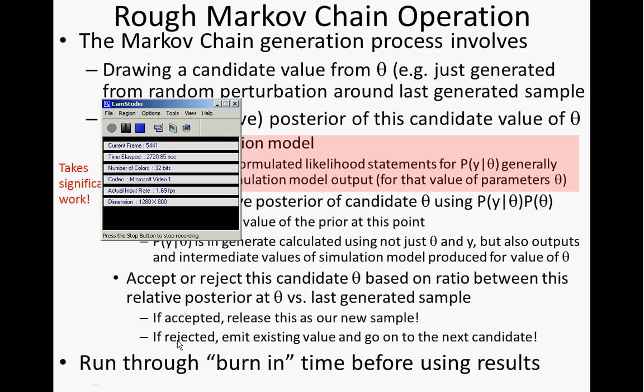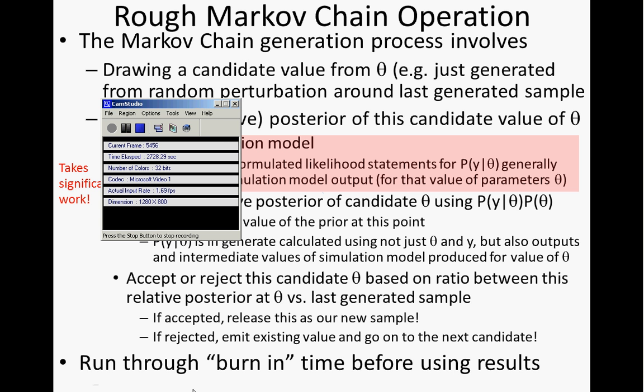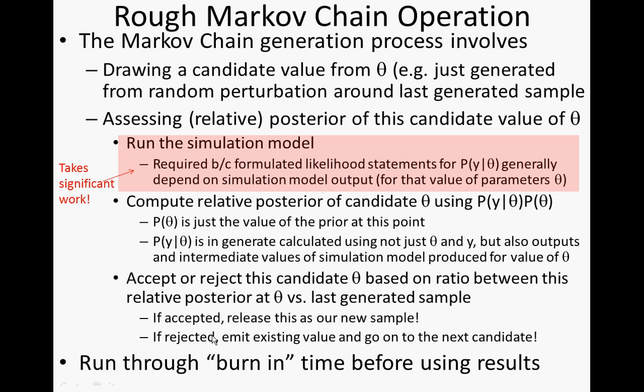Now, in order to apply this algorithm appropriately, we're going to need to run through some burn-in time before using the results. That is, in order to arrive at confidence that the samples will be representative of the underlying posterior we're trying to approximate, we need to run it enough times that it forgets about the vagaries of where it started, and gets into the groove, as it were, in terms of mixing well within the parameter space.